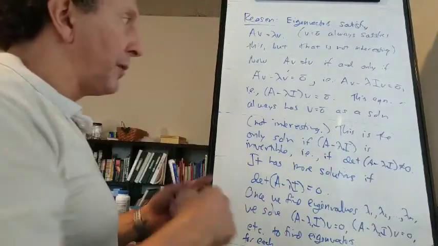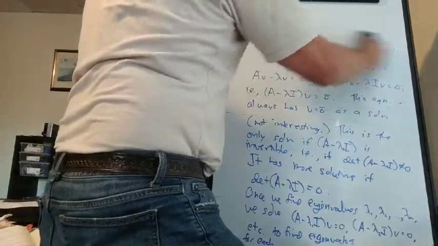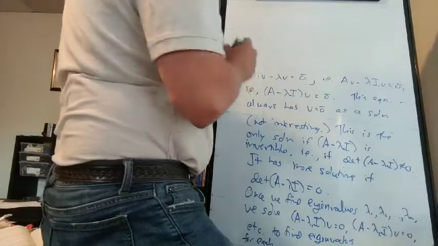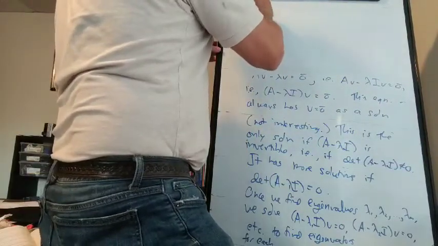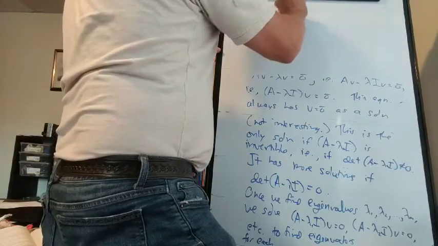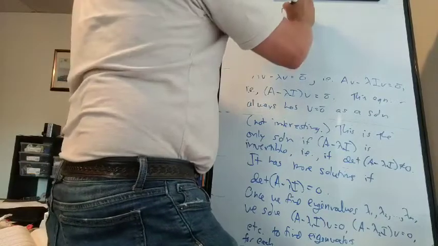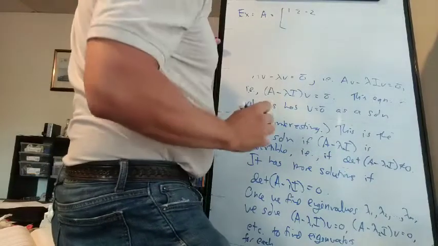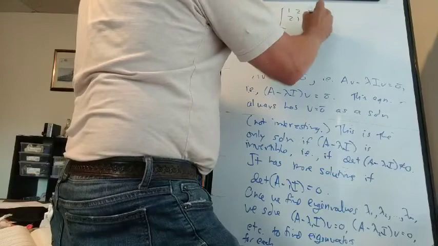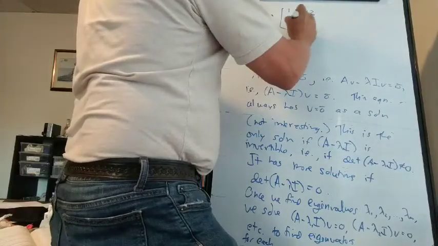So let's do an example with the matrix I used before. Let's use A equals 1, 2, negative 2, 2, 1, negative 2, 0, 0, 1.